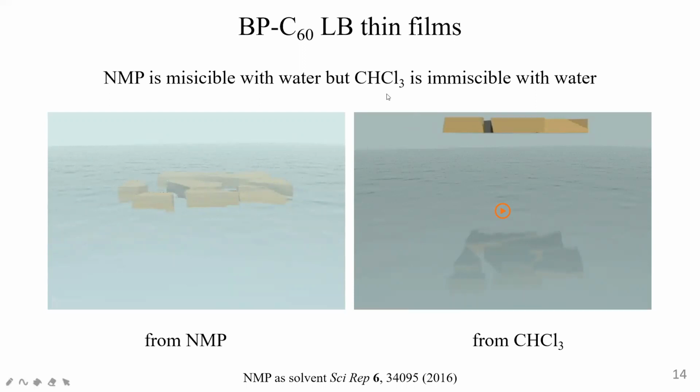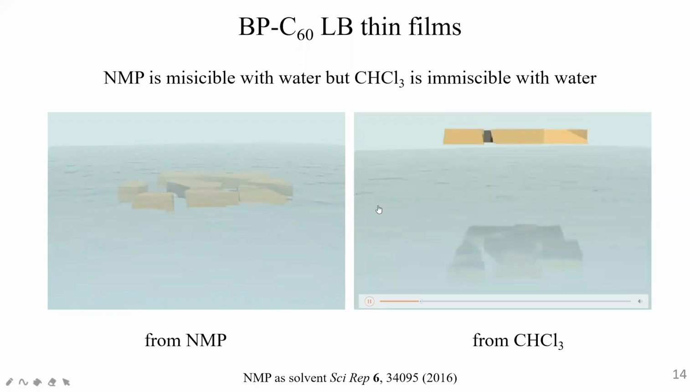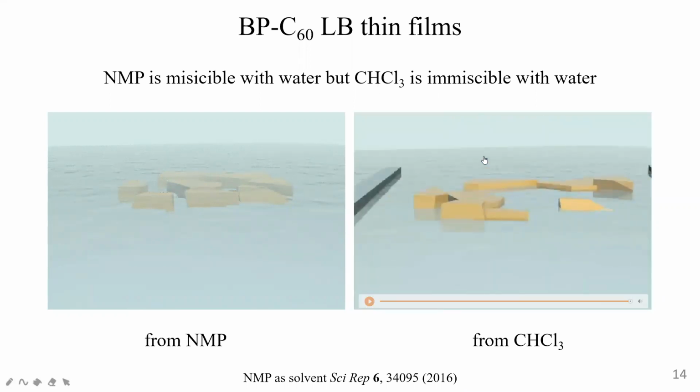But for BP dispersed in chloroform, because chloroform is immiscible with water, and the boiling point is quite low, around 60 degrees, after adding the solution, the chloroform will float at the surface and evaporate very fast. As a result, the black phosphorus nanosheet will float at the surface instead of sinking into the water. So that's why we observe lots of material, and also the surface pressure is much higher.